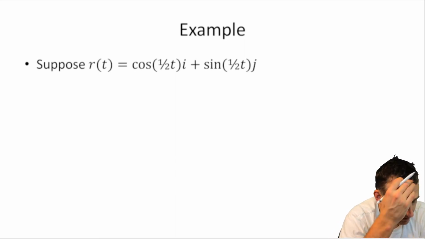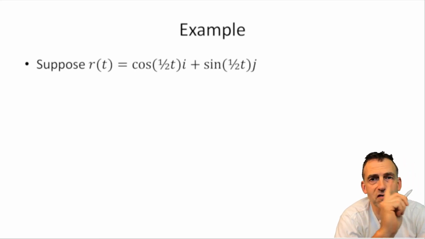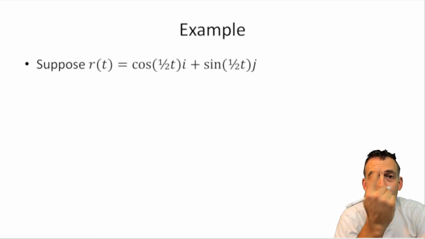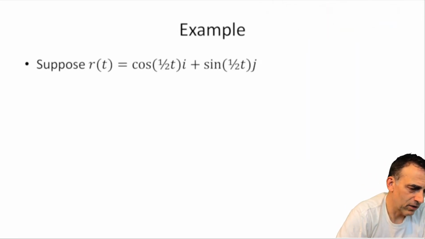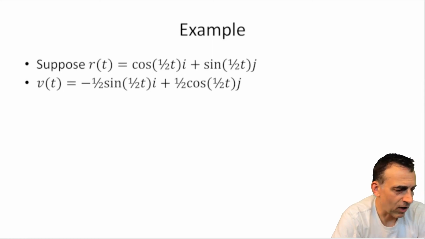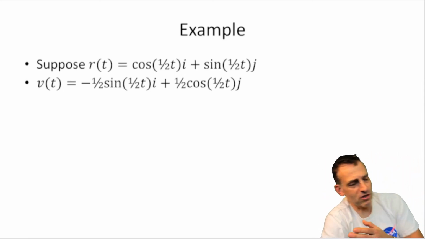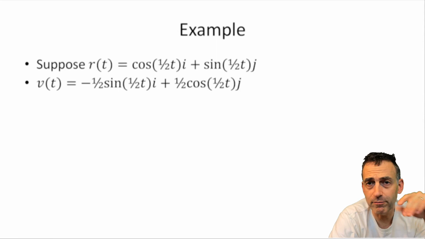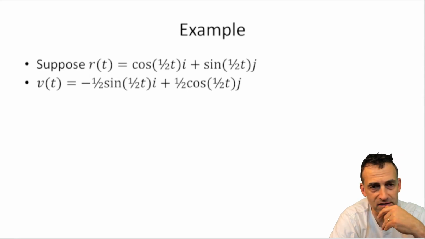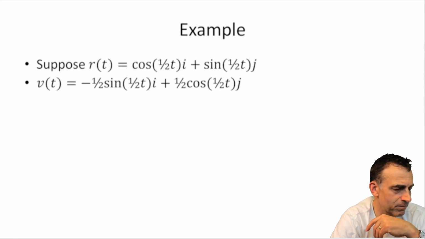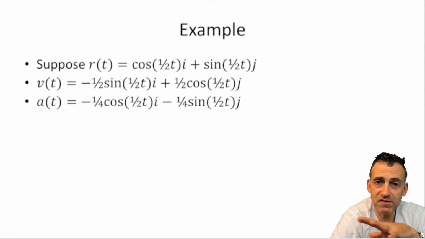So we have this very simple situation. This is just an object moving in a circle. I want to find those tangential and normal components of acceleration, but to do that, we start off computing the velocity, which is the derivative of position, so that's easy. Just do your derivatives. And we're going to compute the acceleration as well.